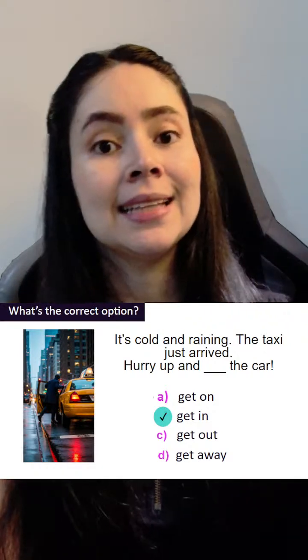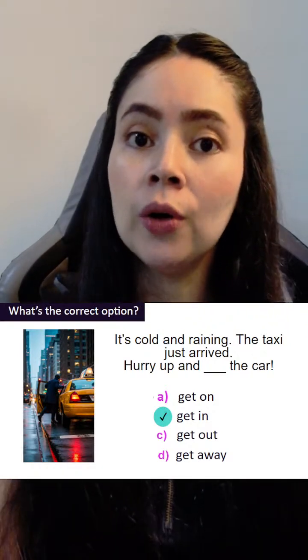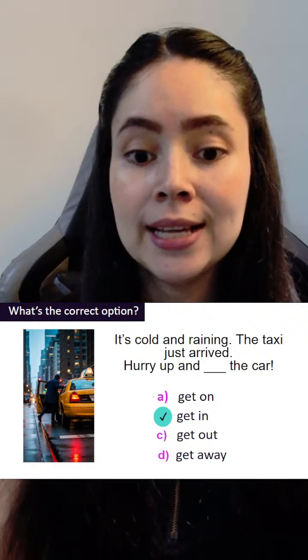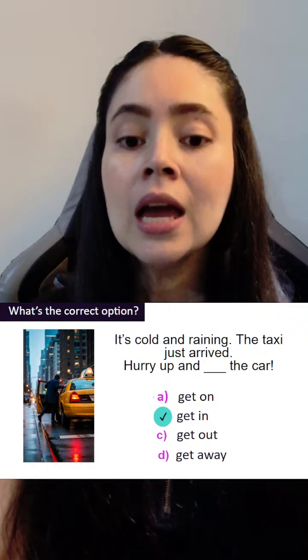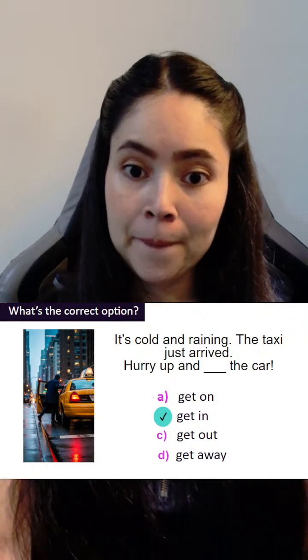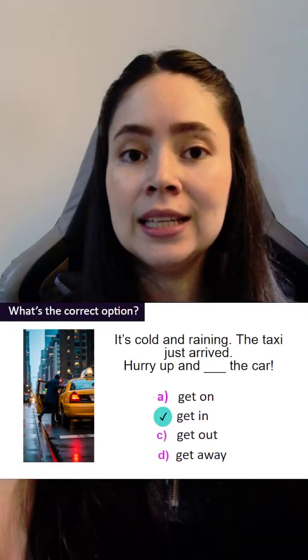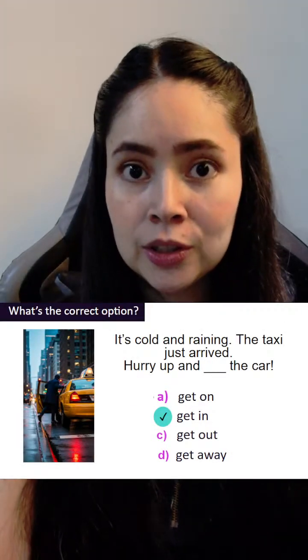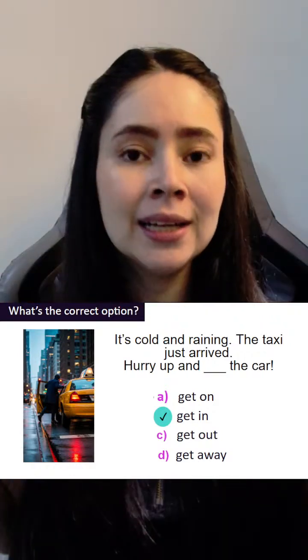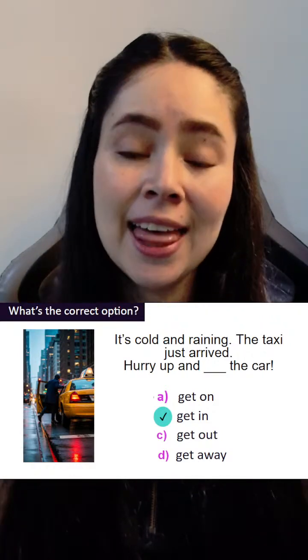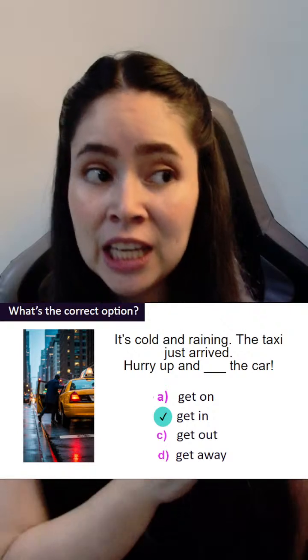And remember that this is the vocabulary that we are going to learn in today's lesson: phrasal verbs. I will try to explain everything in slow English so that everyone can understand this lesson.